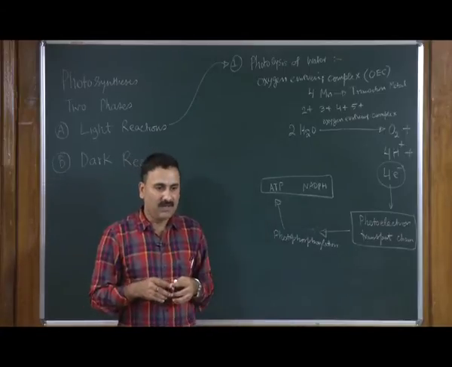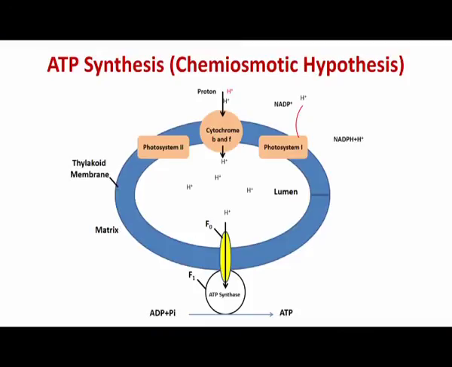So, as you can see on the given PowerPoint slide, the NADPH is produced by taking the electron from the photosystem 1.